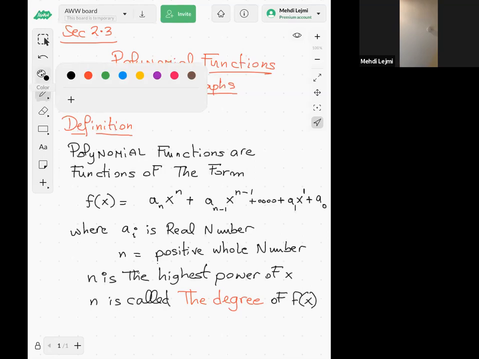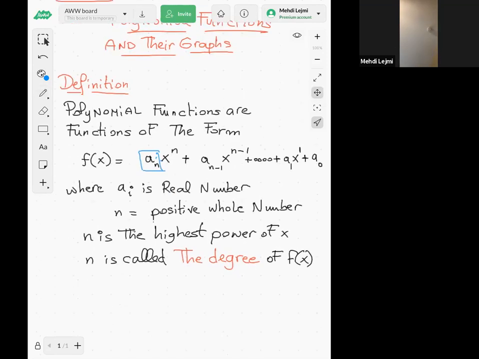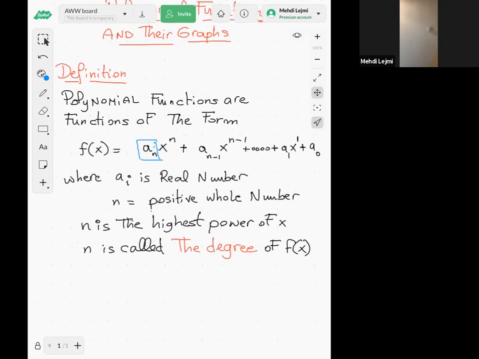The coefficient of x to the n, a subscript n, is called the leading coefficient.